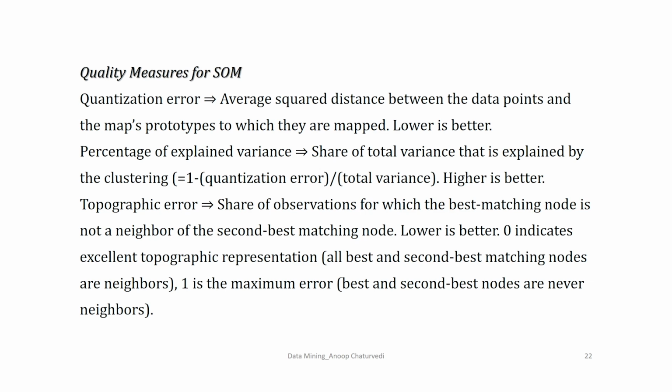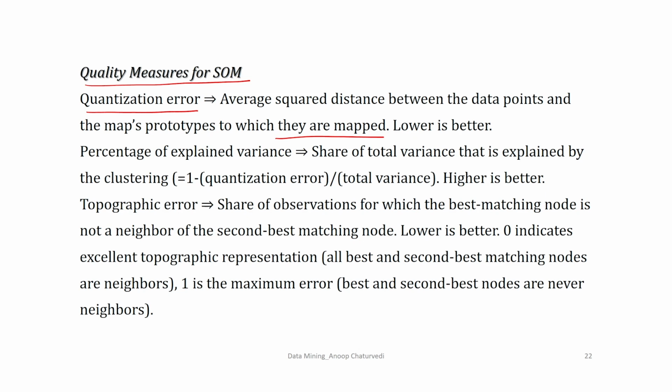Then once we apply self-organizing map, you also want to measure the quality of the self-organizing map, and to measure the quality of SOM, we use different measures like quantization error, which is the average square distance between the data points and the map's prototypes to which they are mapped.